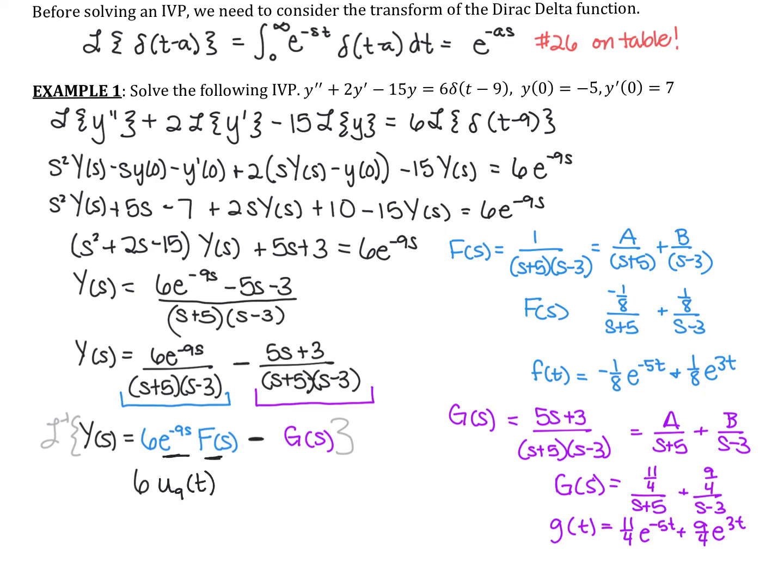And then because we're taking the inverse Laplace transform of this, but my step is at 9, this would need to be f of t minus 9. Okay? And then with that g of s, the inverse Laplace of that is just going to be g of t. And so the beauty of this is I don't necessarily need to go back and redefine my functions.